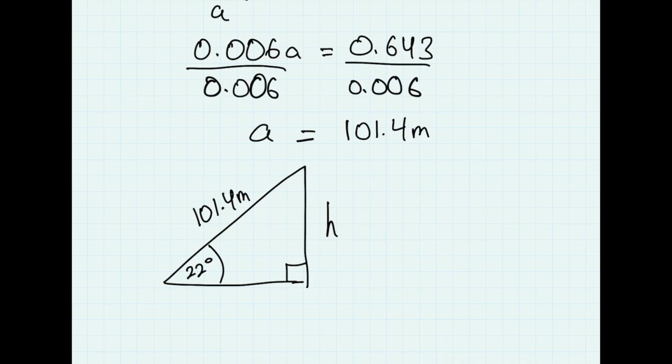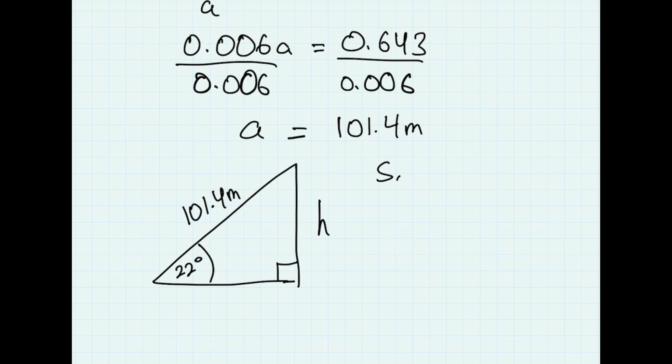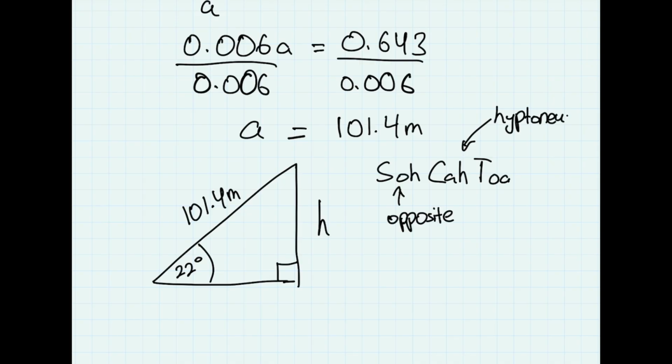Here is a quick short form to know what each trigonometric ratio requires. It's SOH CAH TOA. So the O is for the opposite side, the H is for the hypotenuse, and the A is for the adjacent side.